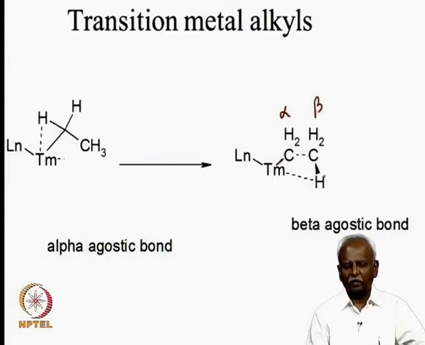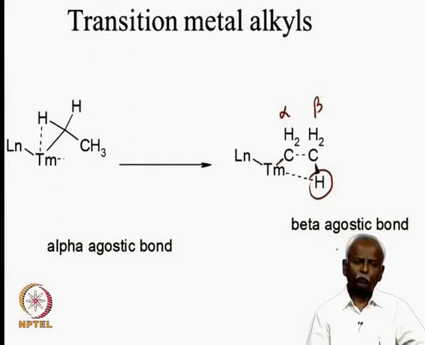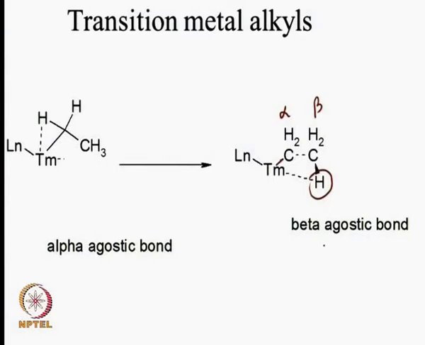If you have a beta hydrogen, then this beta hydrogen has a tendency to interact with the transition metal, and this interaction has been called the beta agostic interaction. You can also have in a few cases an alpha agostic interaction as pictured here, but this is much rarer than the beta agostic interaction that is pictured here.